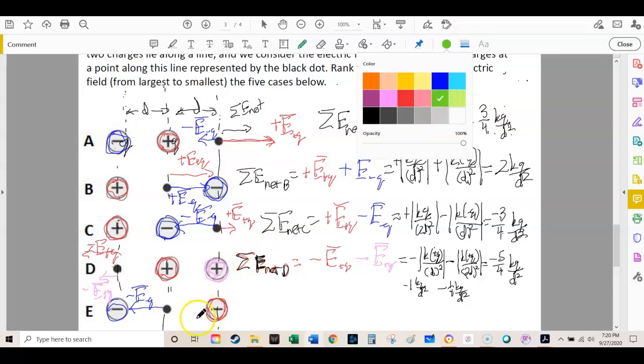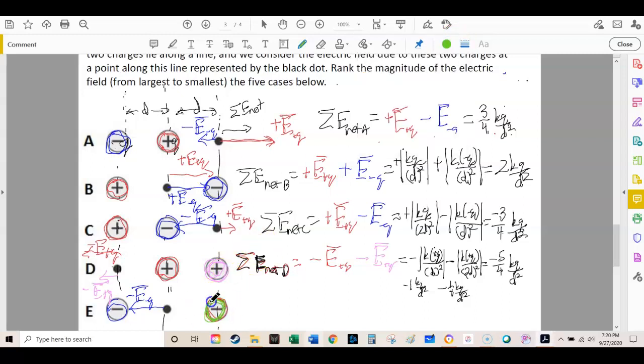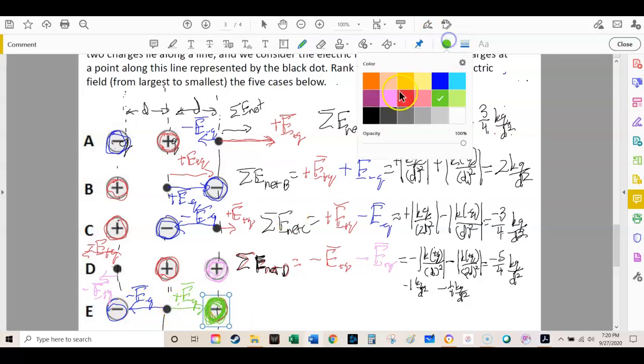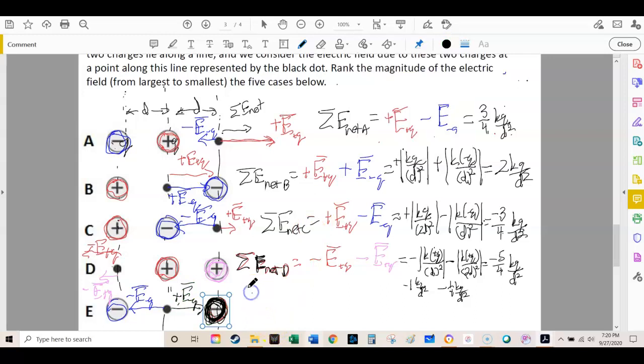This is supposed to be a green charge. I want to use red for negatives because I want to try to be consistent. So this green negative Q charge is going to also have an electric field pointed towards it, which will be in the positive x direction. Okay. So you take one step to the left, add that to one step to the right. So what you can see is that the net electric field should be 0, but we'll just confirm it.